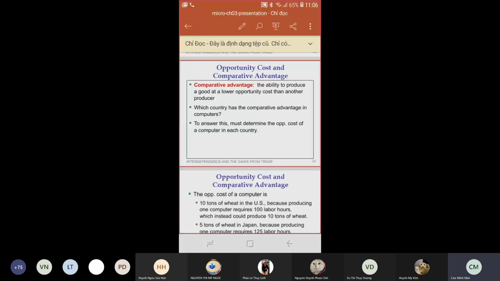Do you see, lower opportunity cost in this line, below the comparative advantage? Do you see that? Yes. You have to pay attention, and that's true.